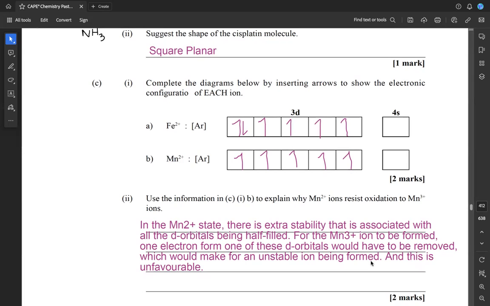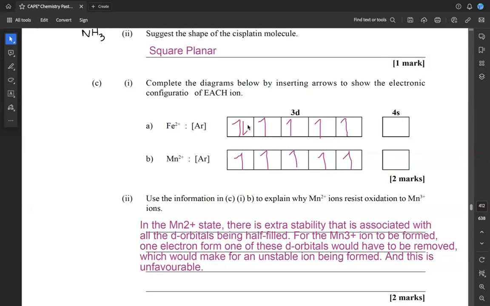By that same token, we can extend this a little further so you learn this concept of stability of transition metal ions. Fe2+ has 2 electrons in one d orbital, and all the other ones have 1. So it's easy to form Fe3+ because it wants to have only 1 in each d orbital.